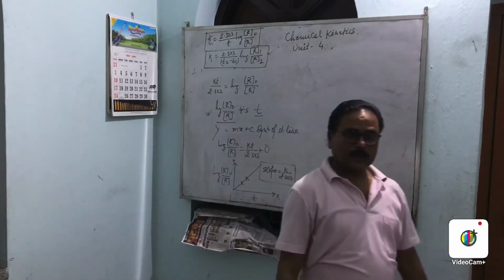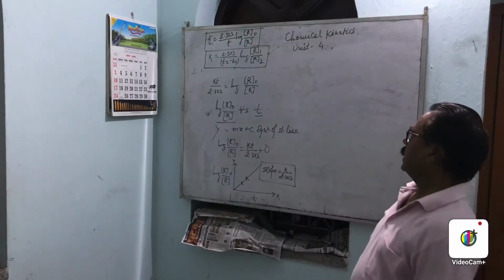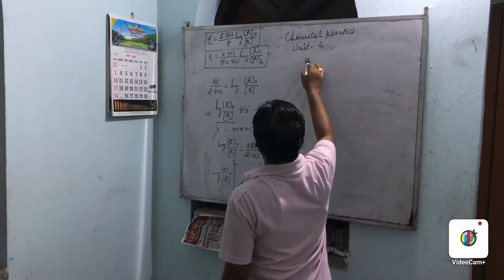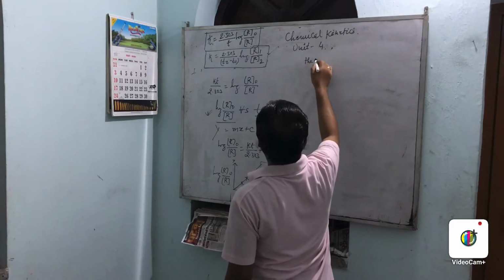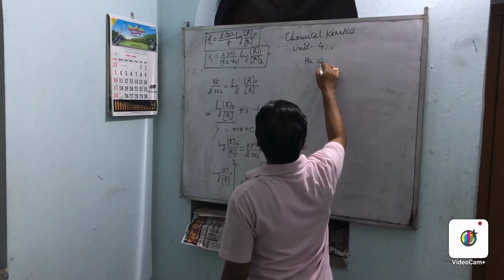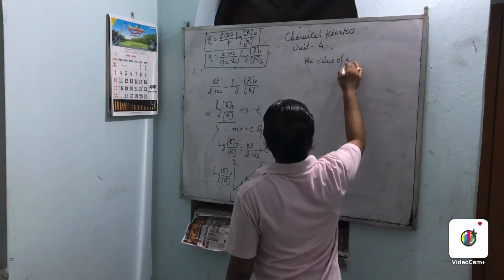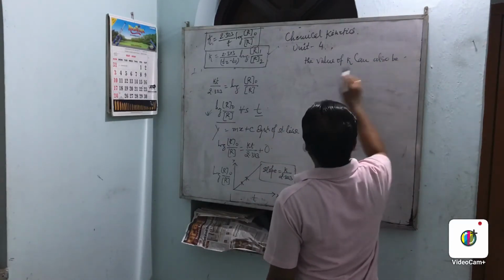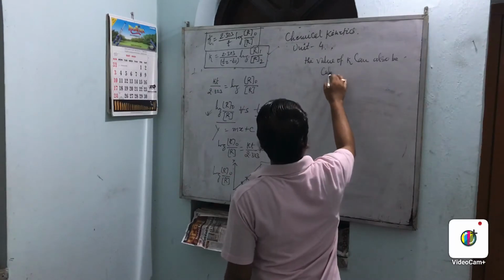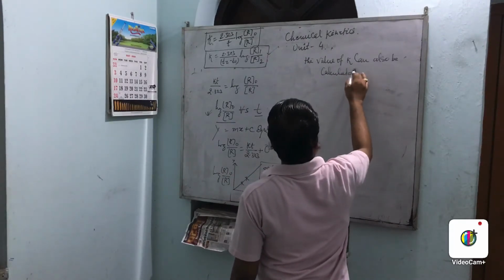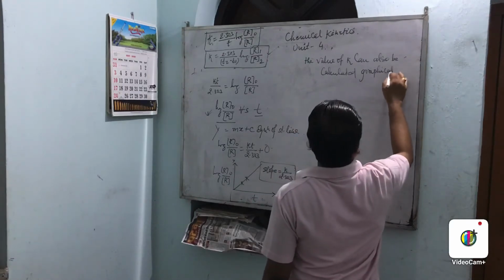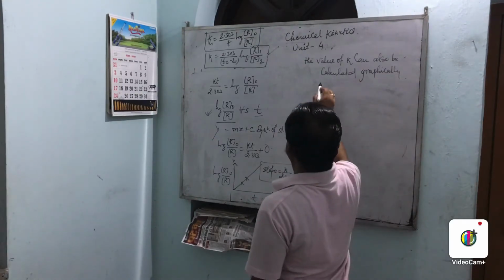Now for the first order reaction, the value of k can also be calculated graphically. How do we calculate it? Let me take the graph.